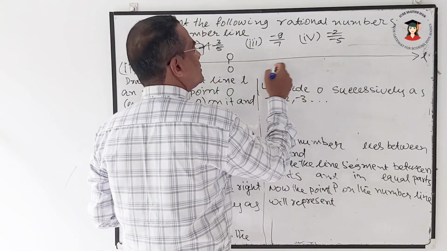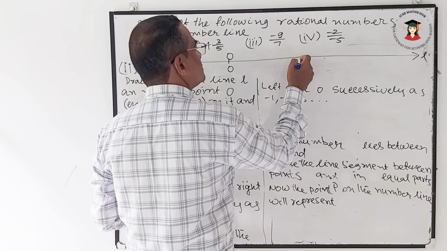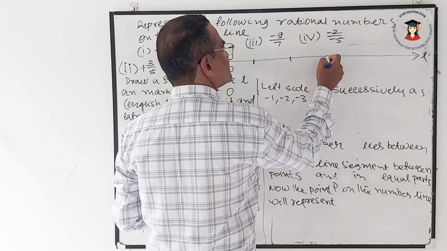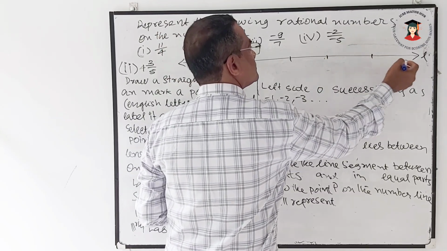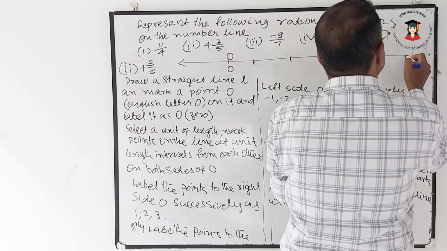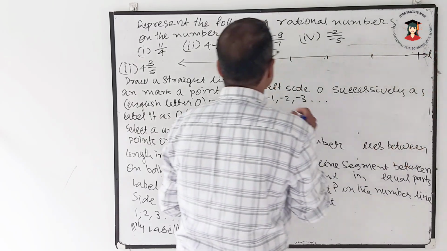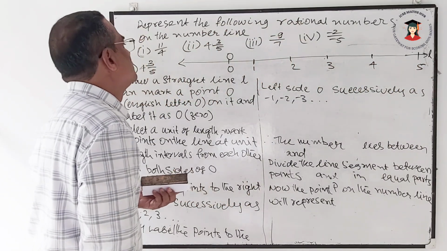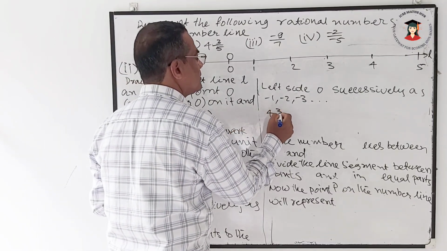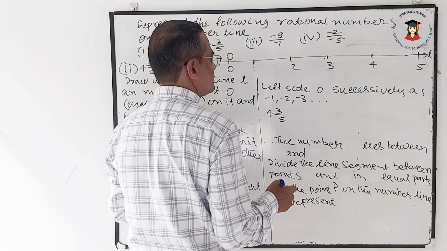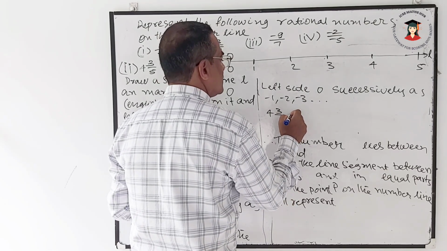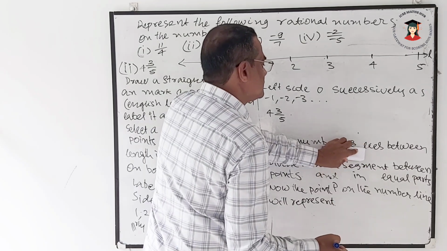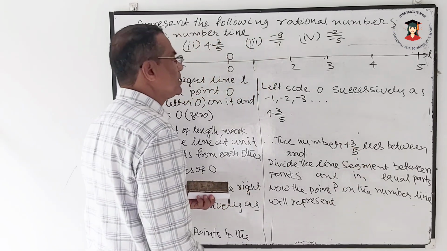So I need 5. One, 2, 3, 4, and 5. 4 and 3 by 5 lies between 4 and 5.